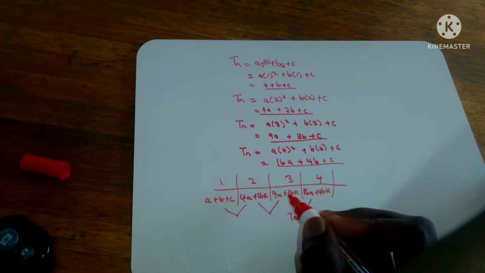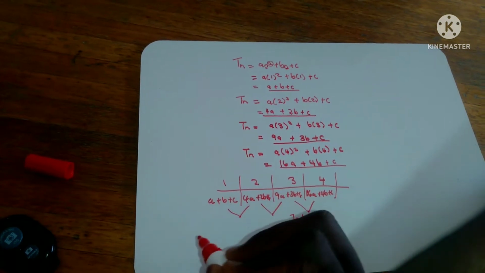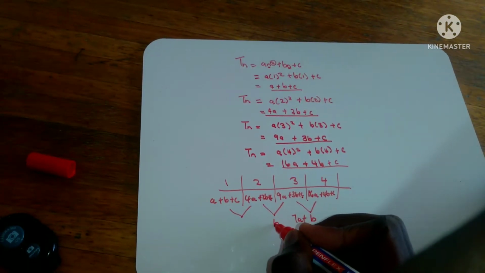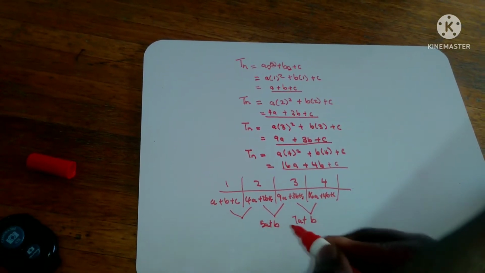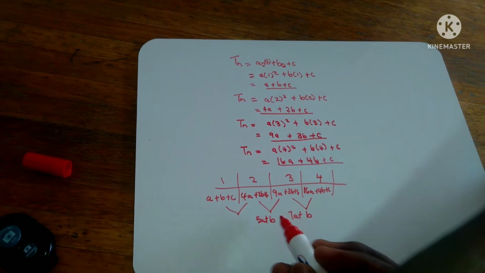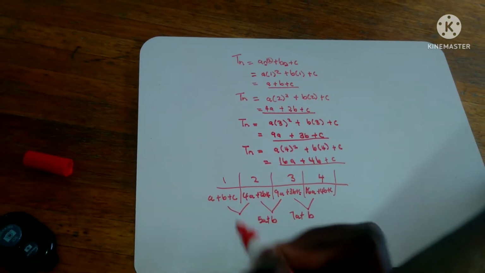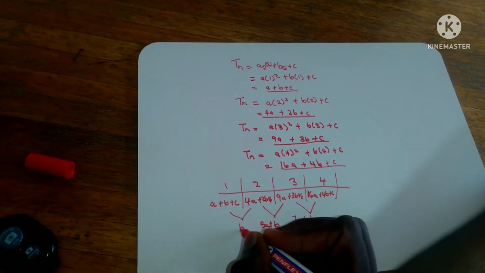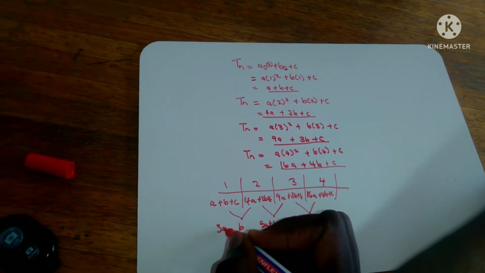The c is cancelled. Once you have these like terms, it's simple. C and c will cancel off, and then 3b minus 2b will remain with b, while 9a minus 4a will remain with 5a plus b here. Now we have 5a plus b, 7a plus b, and then c minus c will be 0, 2b minus b will be b, and 4a minus a will be 3a.